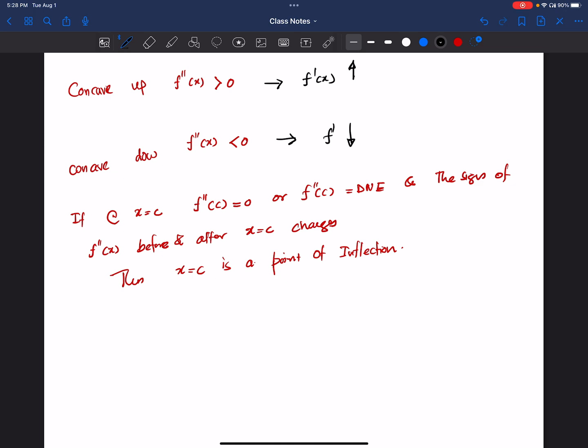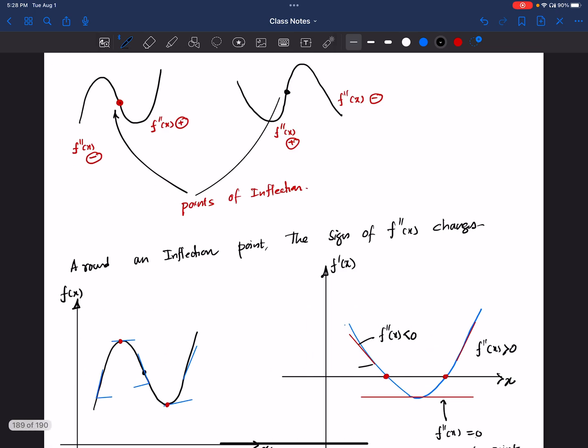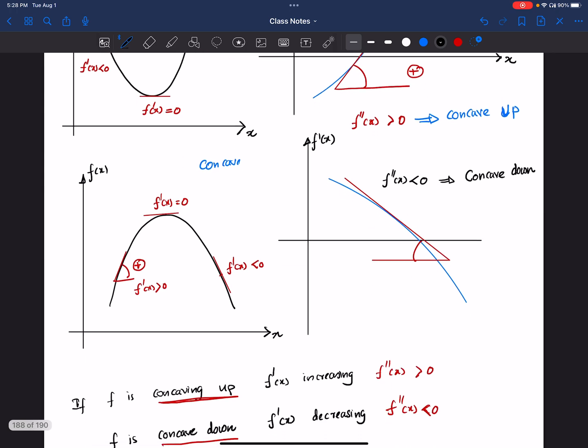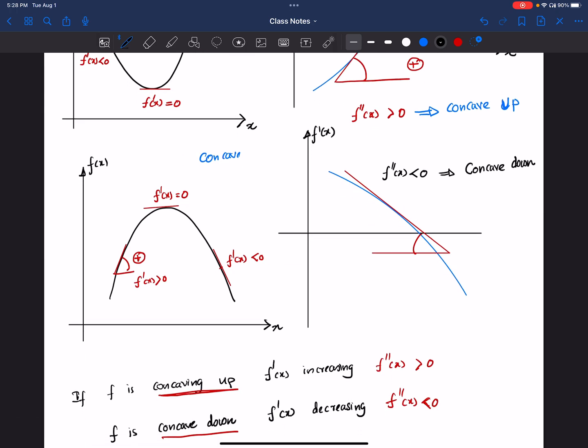In the concave down case, we have a negative value for f double prime of x.